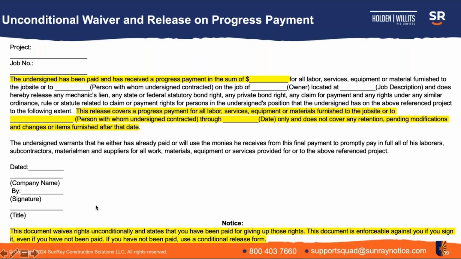The language I talked about, where unconditional waivers will be operative even if you don't receive payment, is the notice on the bottom. And again, the statute requires this be there. And it says this document waives rights unconditionally and states that you have been paid for giving up those rights. This document is enforceable against you if you sign it, even if you have not been paid. If you have not been paid, use a conditional release form.